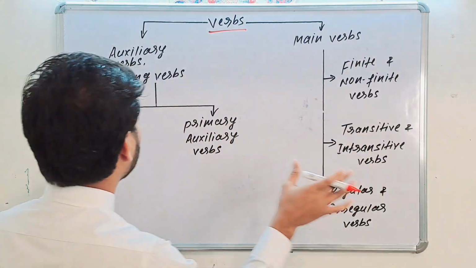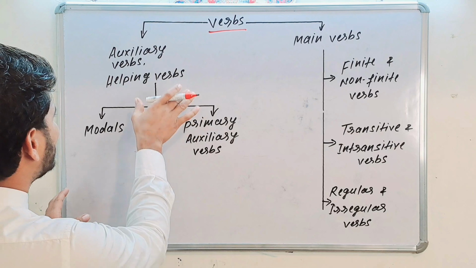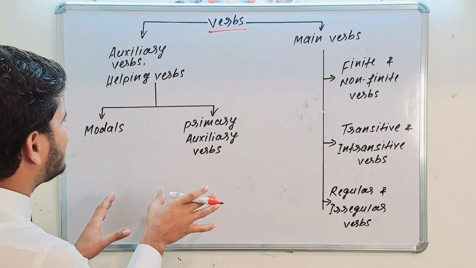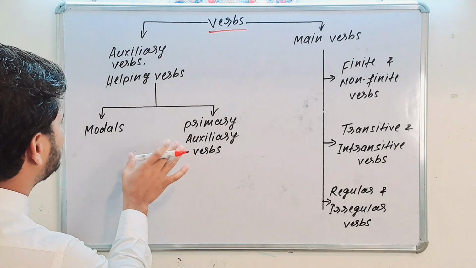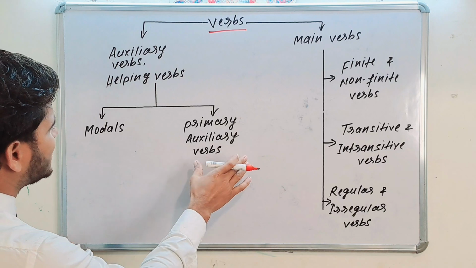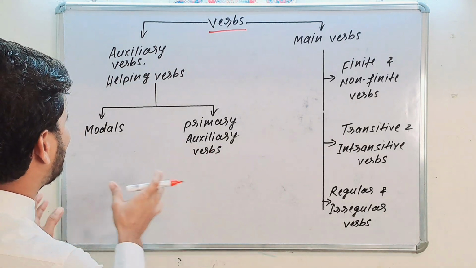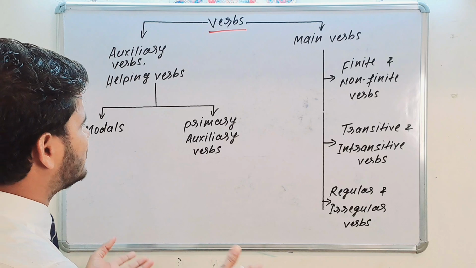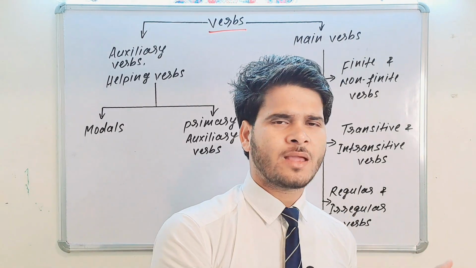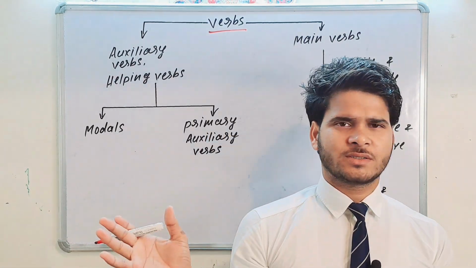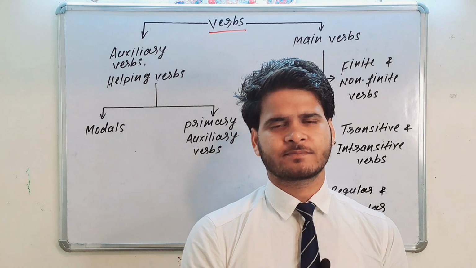Now here I will discuss that auxiliary verb or helping verb is further divided into two parts, modals and primary auxiliary verbs. And now let's understand what is modal, what is primary auxiliary verbs. Modals. What is modals?